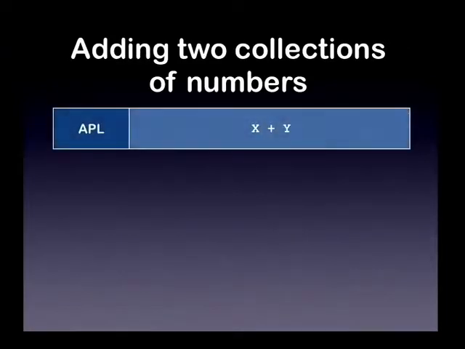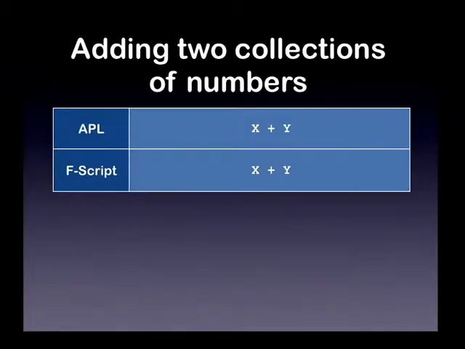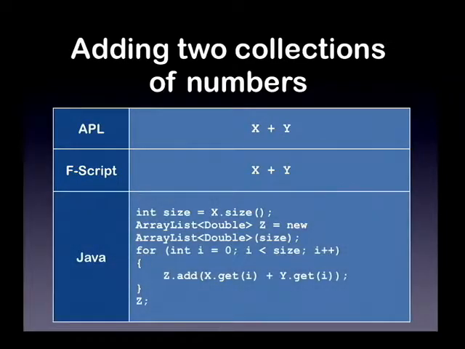So let's see how we add two arrays of numbers in APL. We just write it as in math. Same in FScript. Here we have two collections of number objects, and we return a new collection. In traditional object languages, dealing with collections of objects is more tedious.